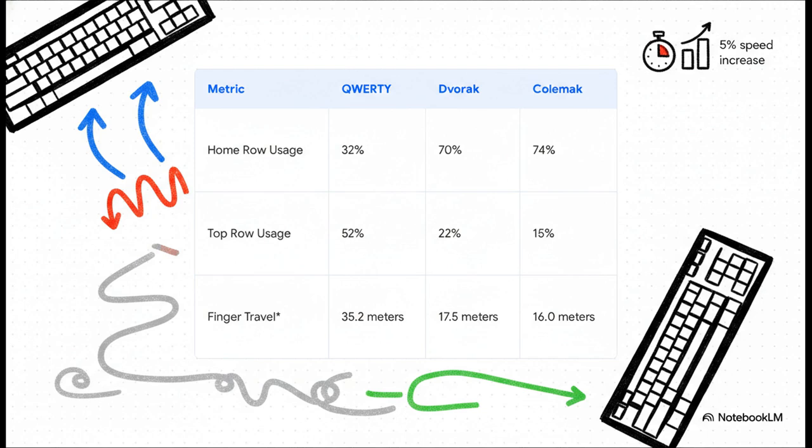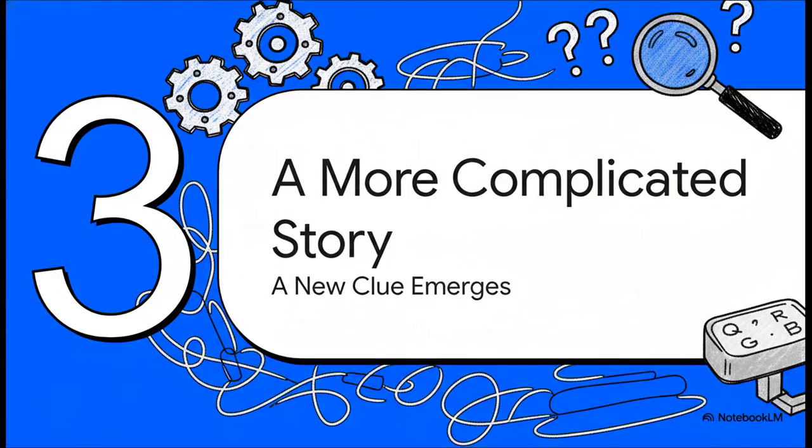But, and this is a really big but, study after study finds that for an expert typist, the actual real-world speed increase is only about 5%. I mean, that's a nice improvement for sure, but it's hardly the world-changing advantage that the fable would have you believe.